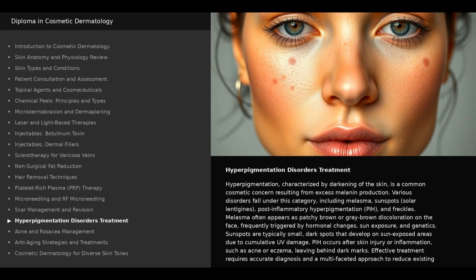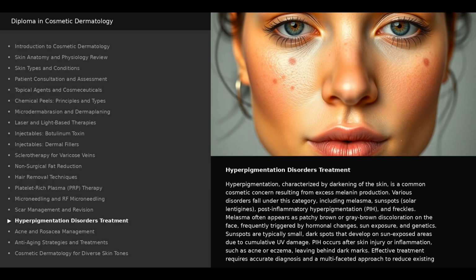Hyperpigmentation disorders treatment. Hyperpigmentation, characterized by darkening of the skin, is a common cosmetic concern resulting from excess melanin production. Various disorders fall under this category, including melasma, sunspots, solar lentigines, post-inflammatory hyperpigmentation (PIH), and freckles.